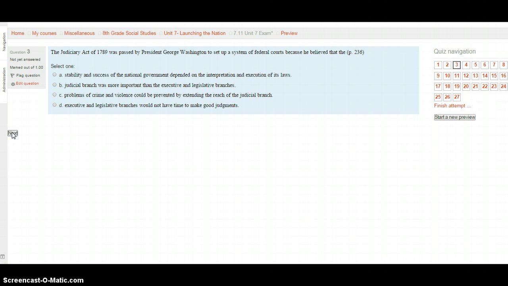Go ahead and go to page 236 in your text, select the answer that best fits, and hit the Next button whenever you're ready.